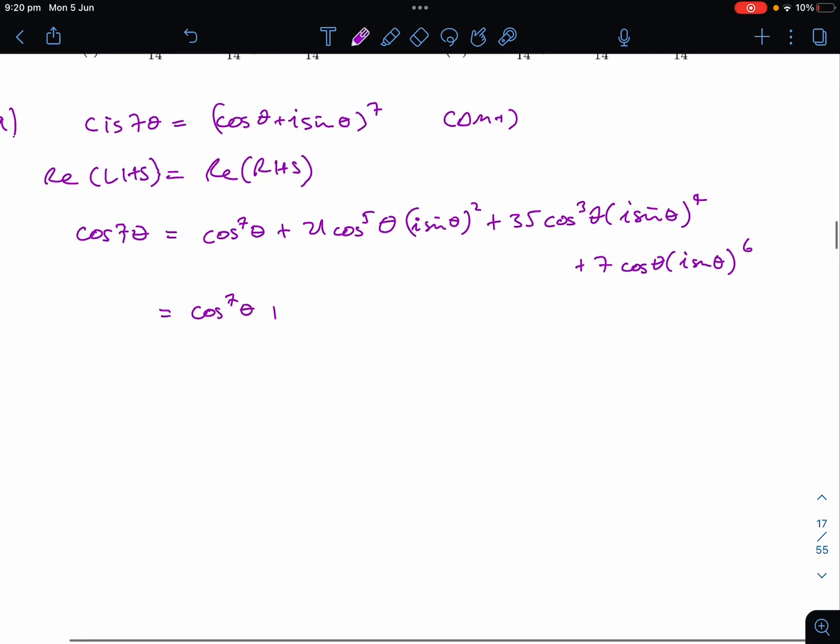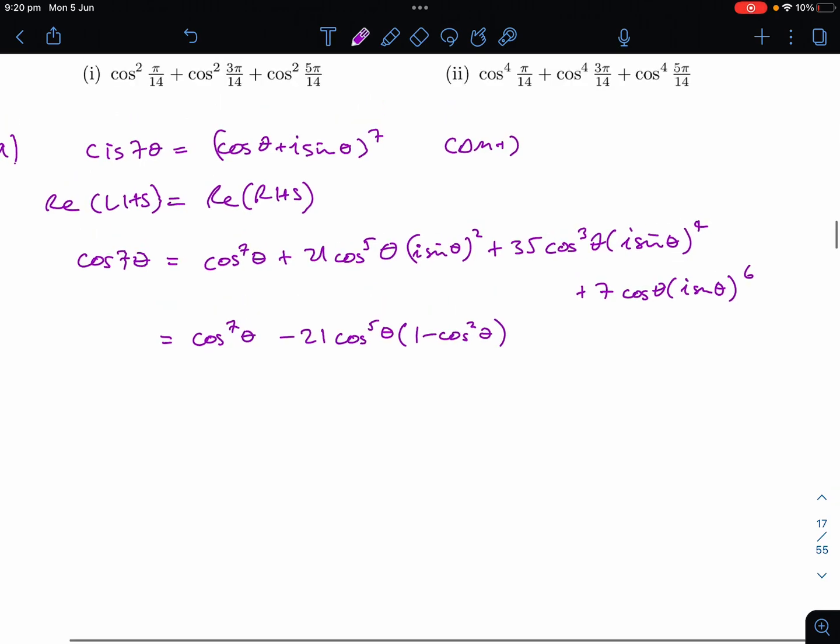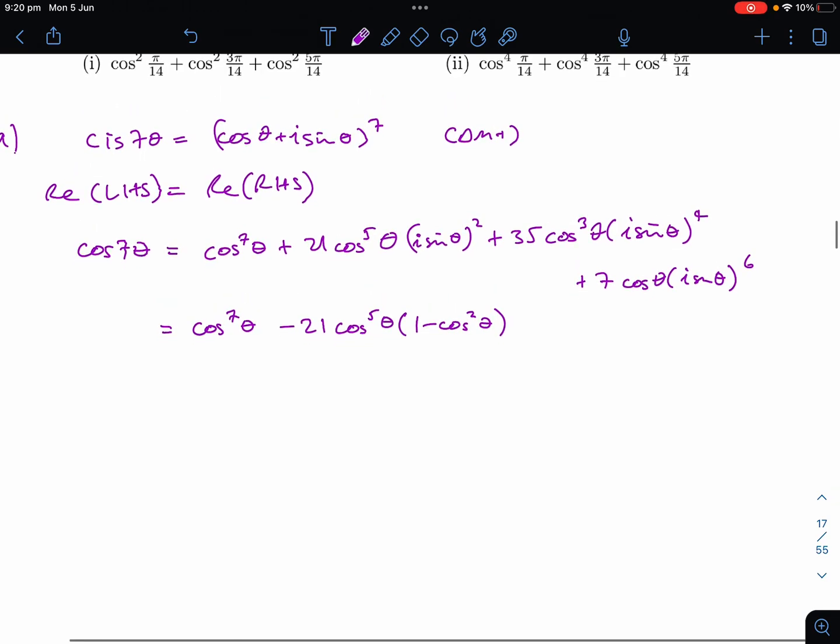Now it's going to be minus 21 cos to the 5th theta outside (1 minus cos squared theta). i squared is minus 1, and sine squared theta is 1 minus cos squared.